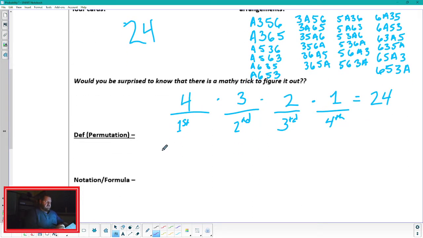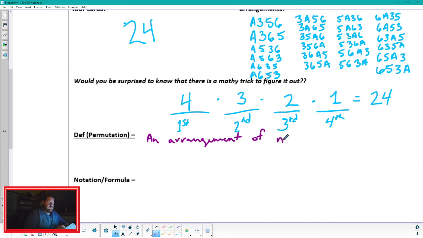A permutation, that's what we just did, is an arrangement of, I'm going to be a little bit specific with the definition so that I get some variables taken care of.